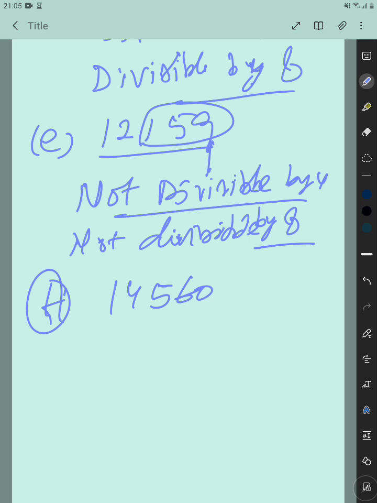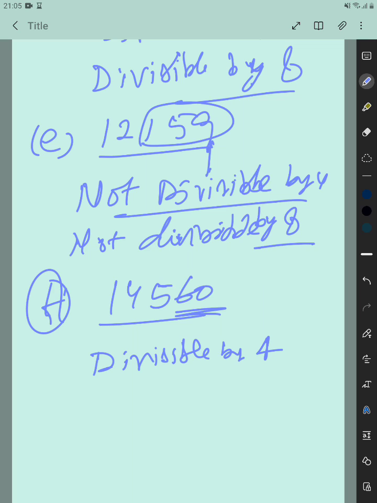Okay, now we have come to F part, and F part is 1414560. Okay, fine. So since 60 is divisible by 4, so complete number is divisible by 4. Okay, so you need to write like this, okay.